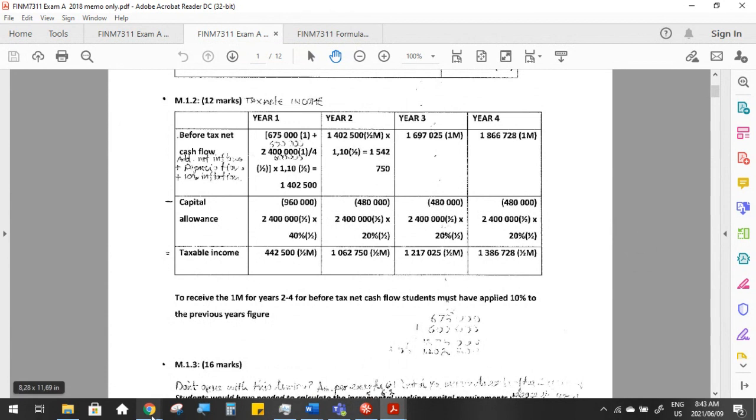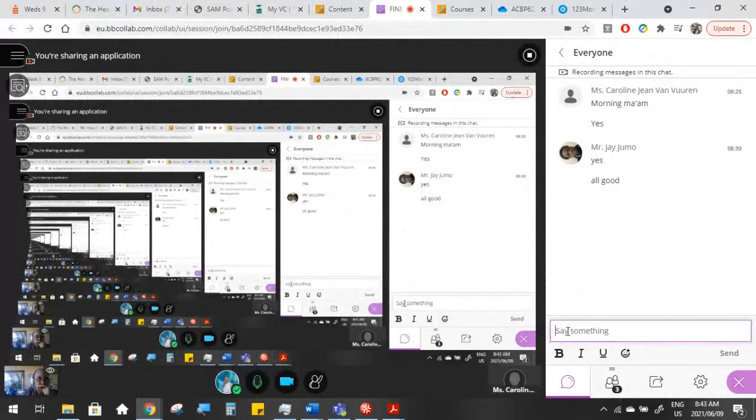So why are we adding back depreciation? Why are we doing that? Remember, this is a capital project, which means that in the question's information, they've given us that information about the tax allowance.